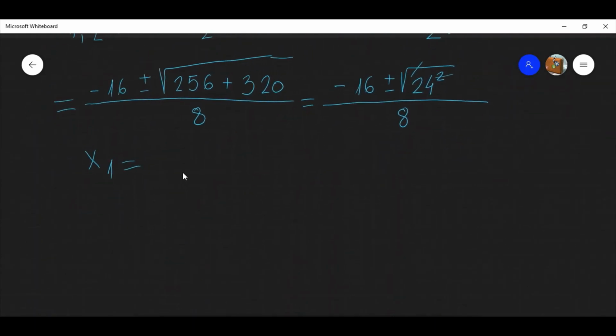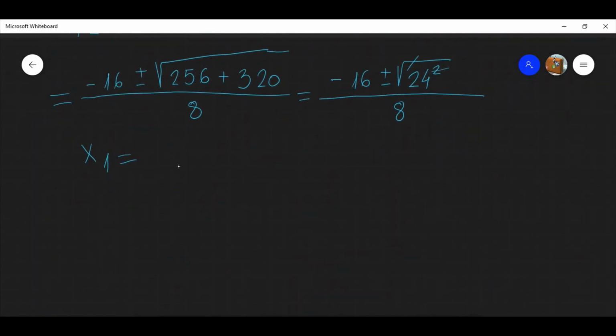The first solution, when this is positive, we will have minus 16 plus 24 over 8, and this is the first value, that is 1.